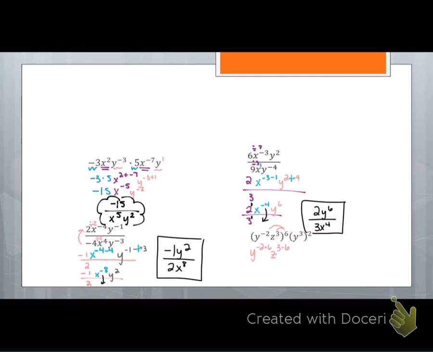You have to make the 2 on the y. And what do you do when you do a power to a power? You multiply. Okay, am I done? No. What do I have to do now? Y to the negative 12. Make it not negative.